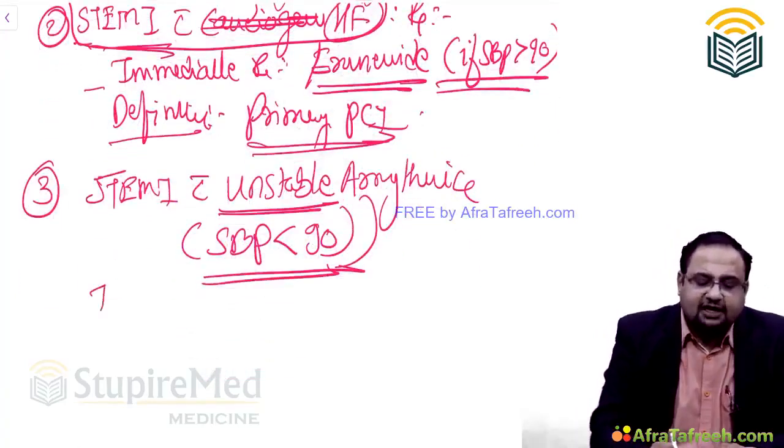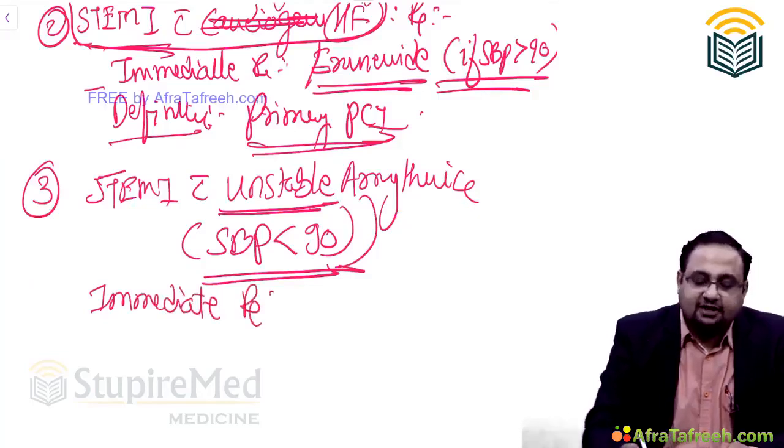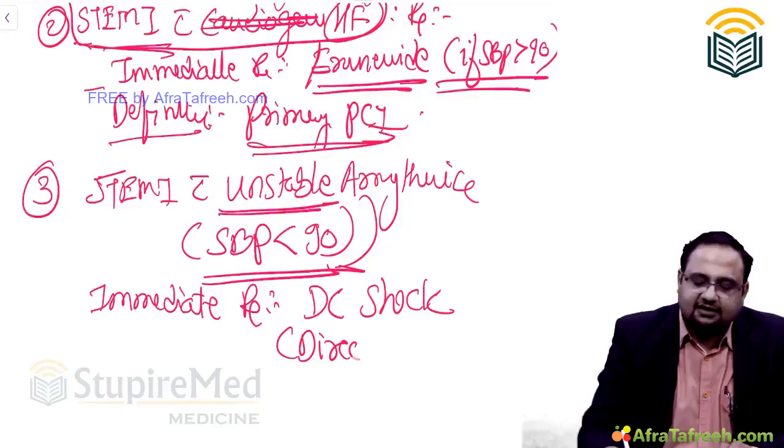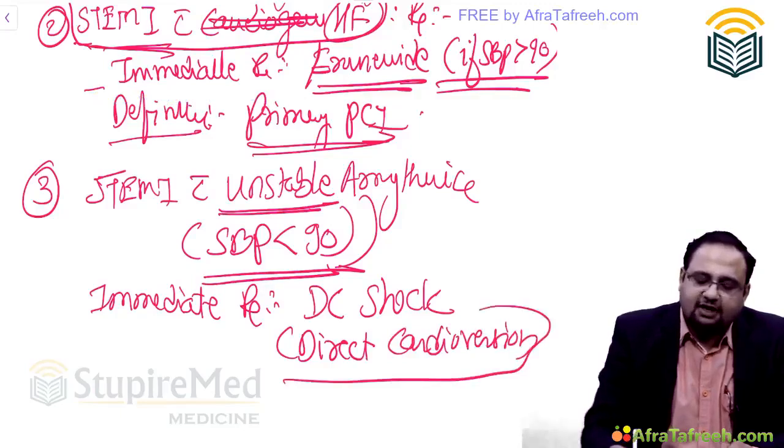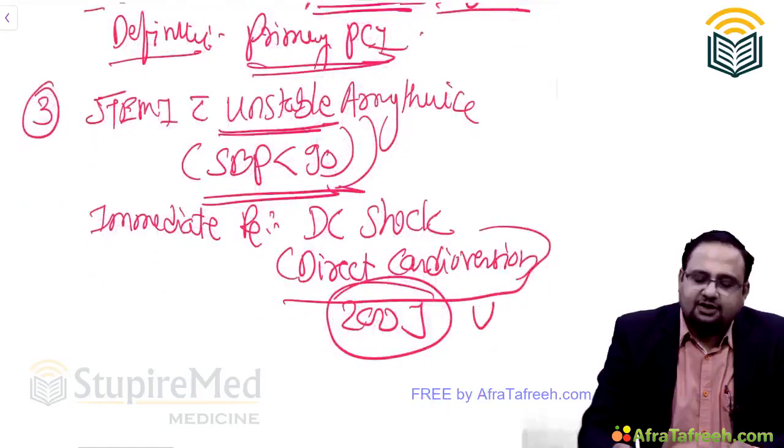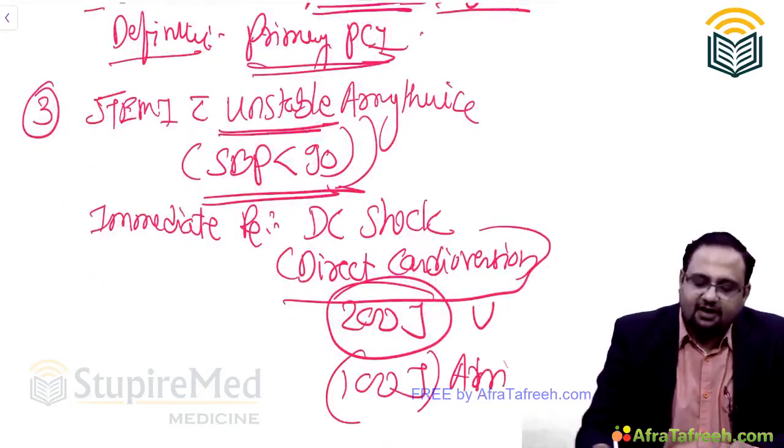So the immediate treatment is DC shock, that is direct current cardioversion. Okay, 200 joules has to be given when it is ventricular arrhythmia and 100 joules when it is atrial arrhythmia.